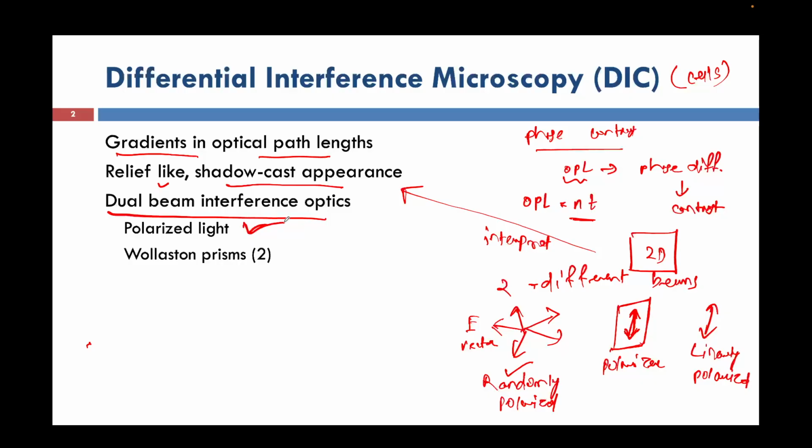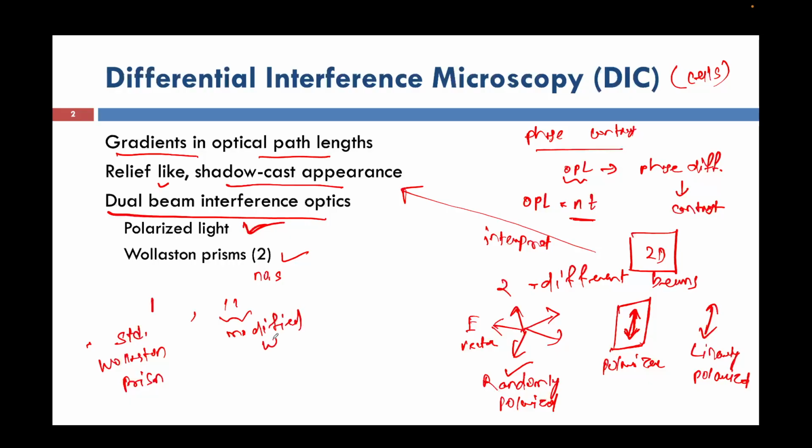So what is the additional feature that we will integrate in differential interference microscopy? That is called Wollaston prisms, and these Wollaston prisms are used in two numbers. That is called Wollaston prism 1 and Wollaston prism 2. One is called the standard Wollaston prism and the other is called the modified Wollaston prism.